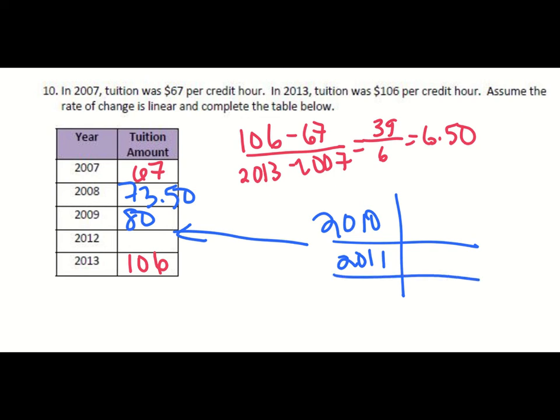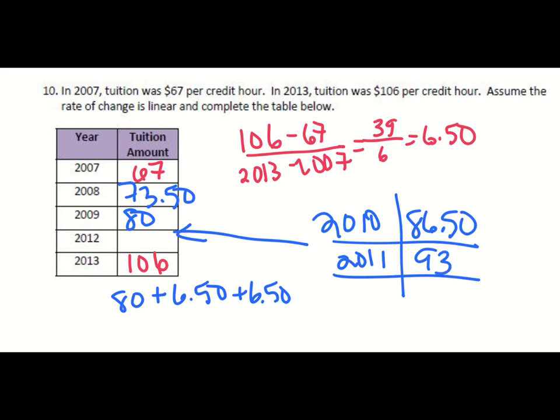So if I take the 80 and add another 6.50, that gets me $86.50 for the year 2010, plus another 6.50 gets me $93 for 2011, plus another 6.50 will now get me to $99.50 for 2012. And then if I add 6.50, I should get to my 106.